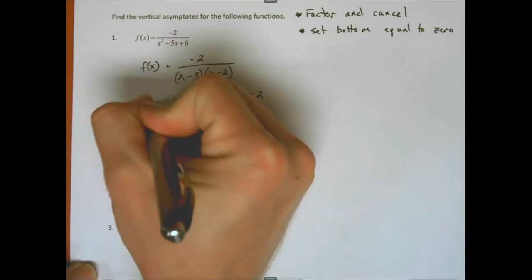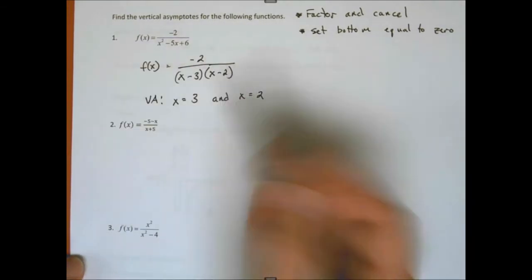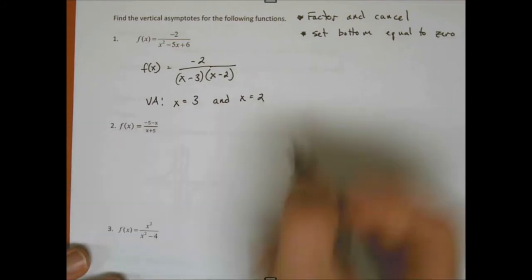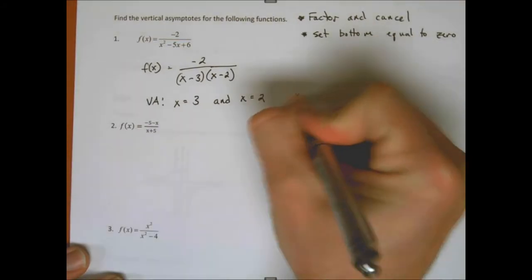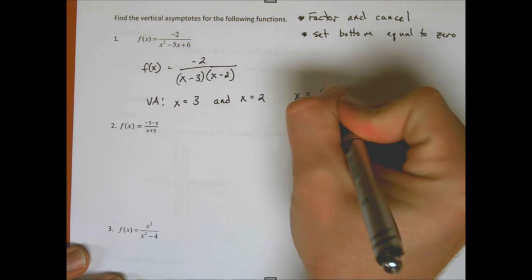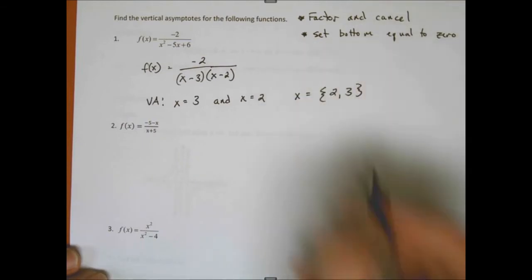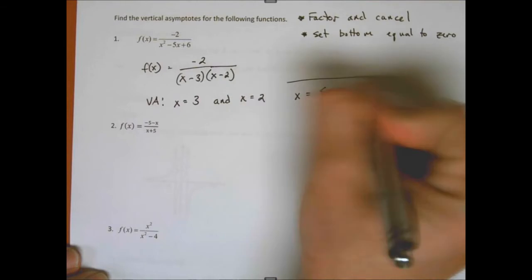And these are my vertical asymptotes, because nothing cancels there. Now, you can write it this way, or you could write it as a set, like 2 and 3 in these brackets. Either one is fine.